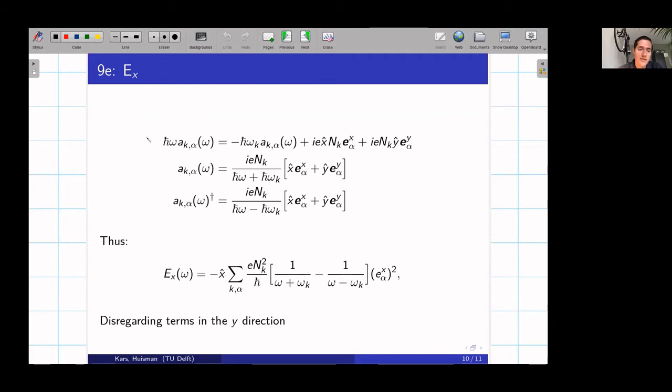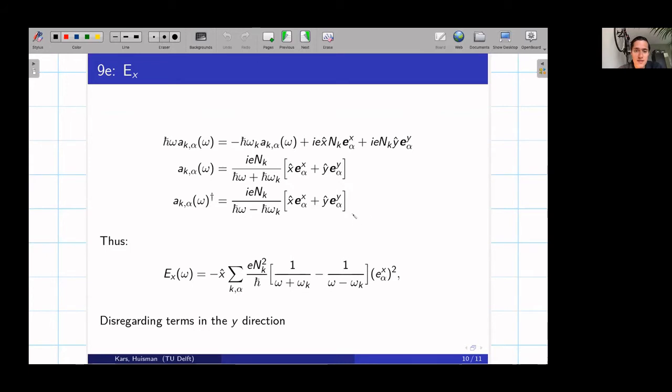If we do the Fourier transformation, then we obtain this here. And if we solve for a, you take this to the other side and divide by h bar plus h bar omega_k, and you obtain this relation here. If you do the same for the creation operator, you obtain this equation here. It's stated in the question that we can disregard expectation values in the y direction.